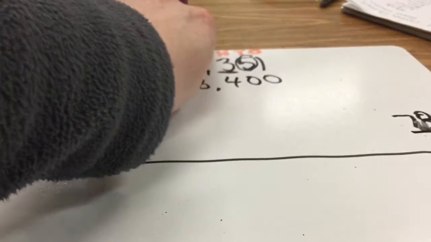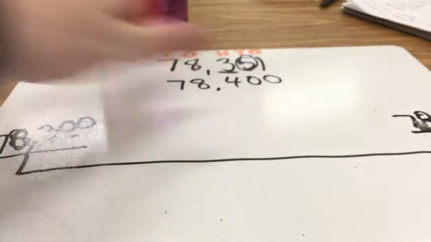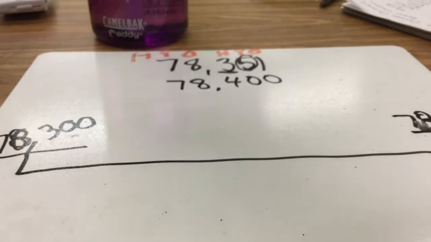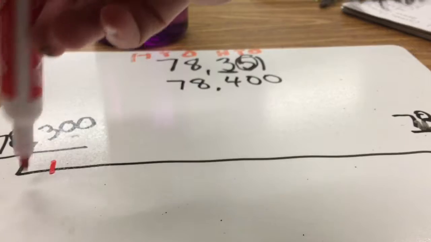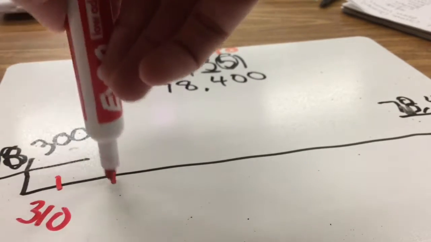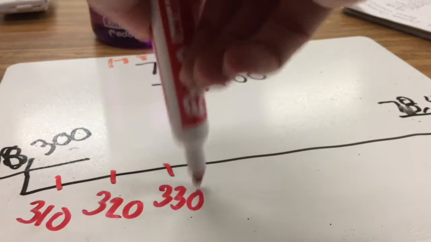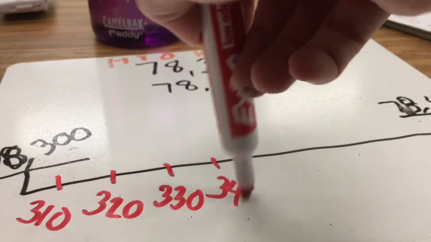Because really, remember, you're looking at that 351. Okay, we're going to pretend the 78 isn't there for the moment. So 310, 320, 330, 340.